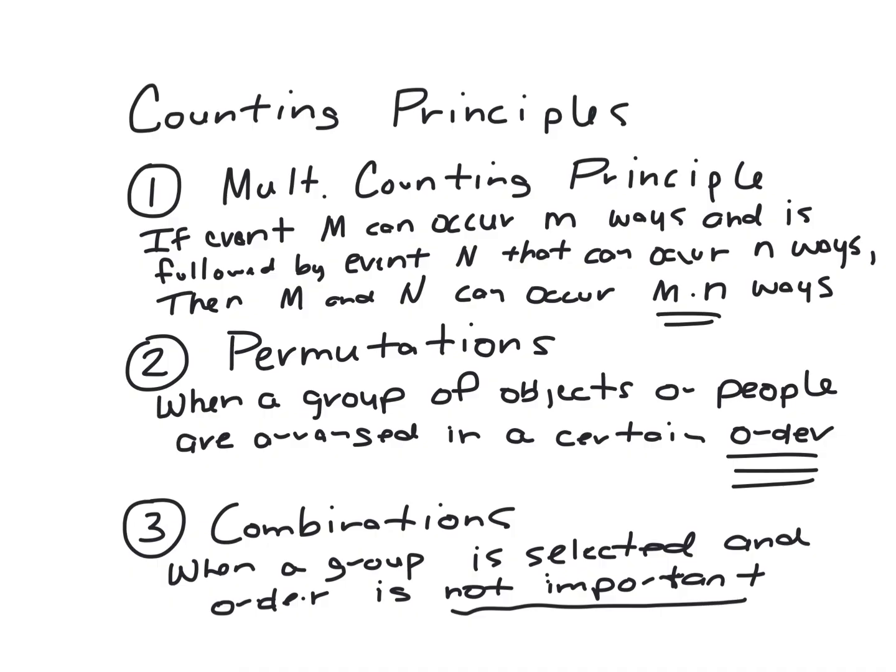So basically, when you have multiple events happening and one event does not affect the other, you just decide how many ways can I do each of these events separately and multiply them together.